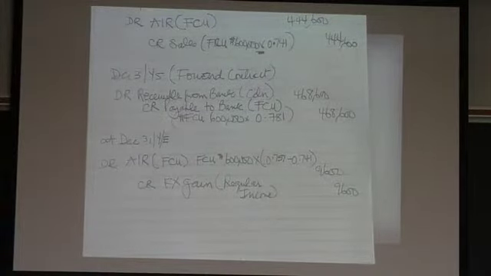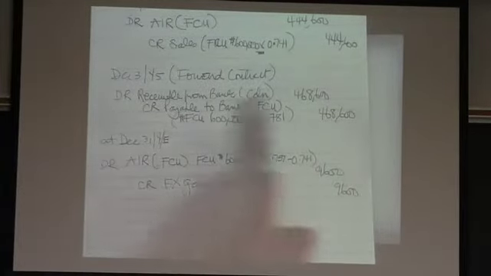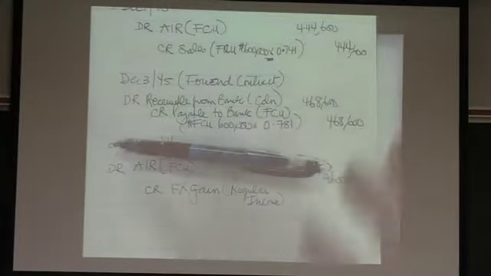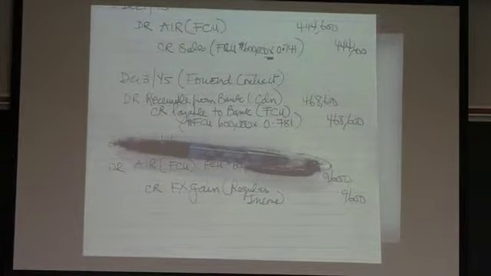Now, what we need to also do is we need to translate this forward contract. Now, if I was to do a balance sheet as of December 3rd, you'll see that there'll be no effect on the balance sheet because this is an executory contract, and given the fact that the contract hasn't been executed yet, normally commitments you don't record on the balance sheet.